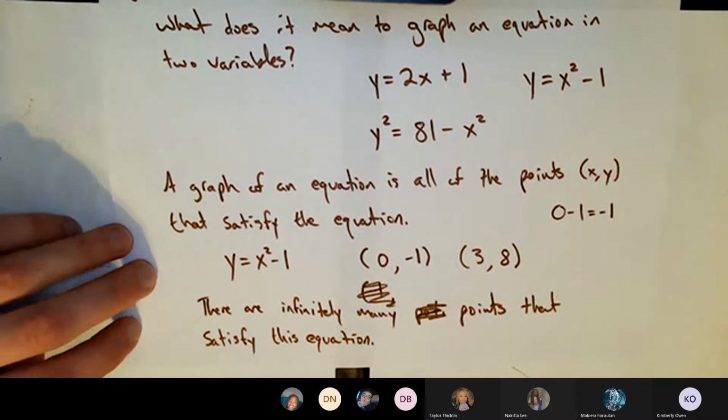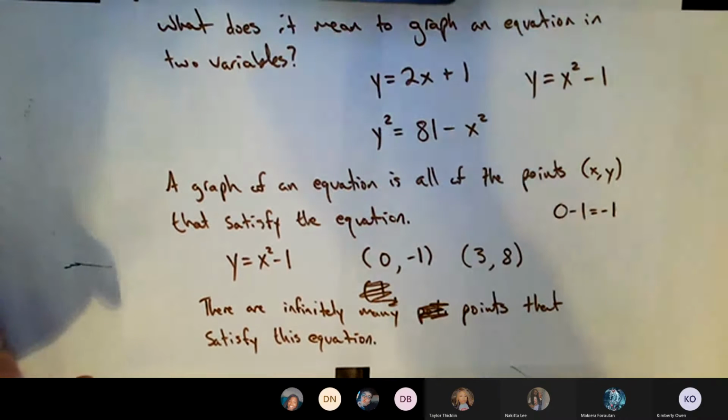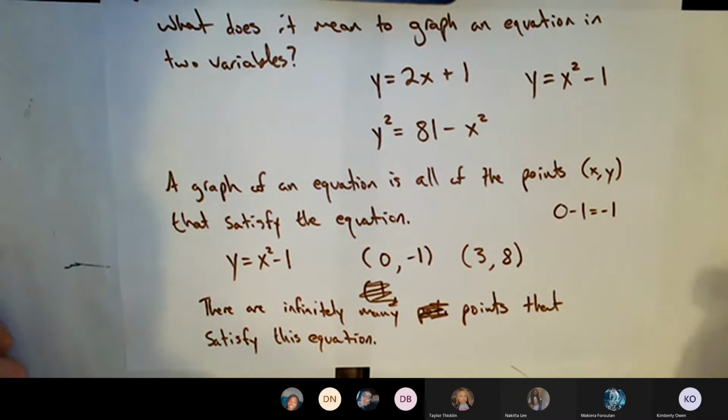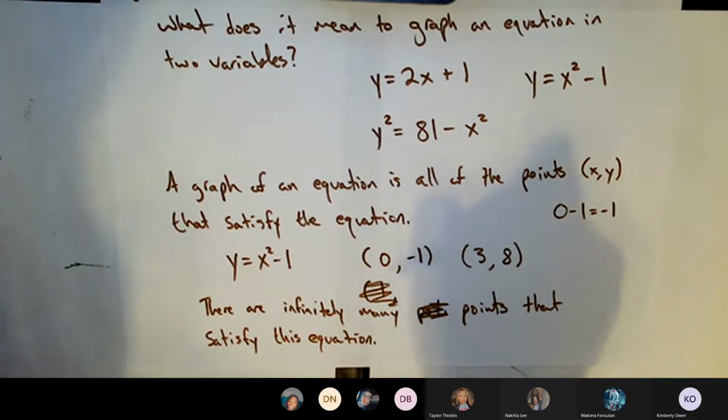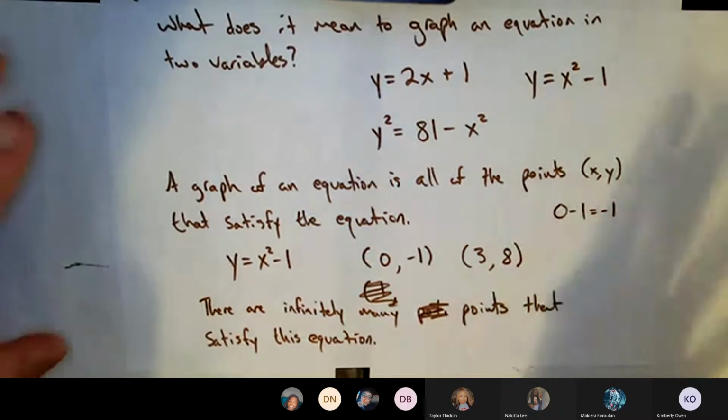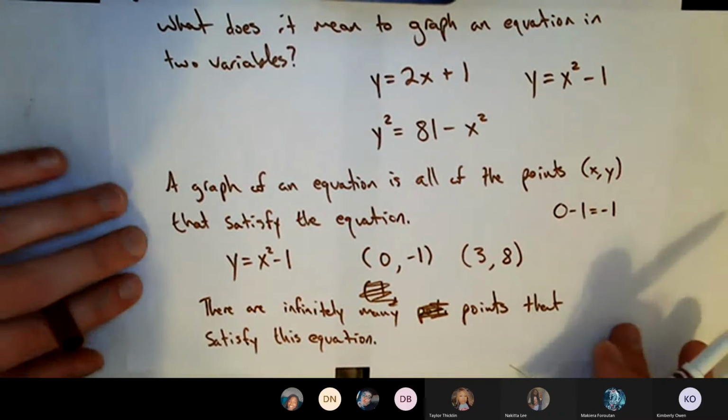I could not list them all for you, right? I could list a lot, but even if I went from 0 to 1, what about 1/2? What about 1/3? What about 1/48? There are infinitely many points that satisfy this equation.